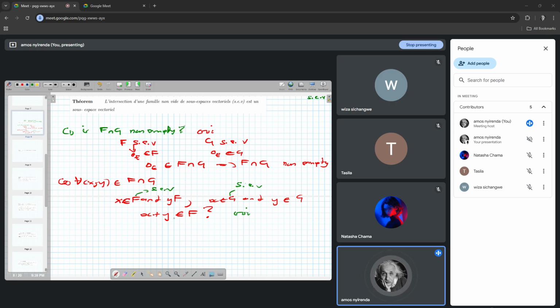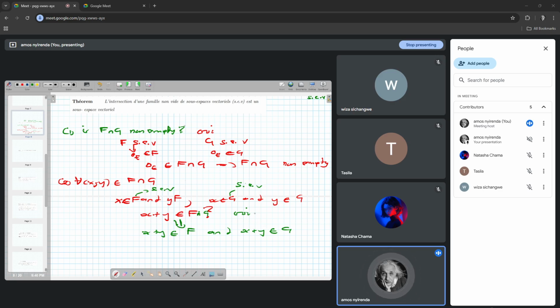If I take the sum x plus y, then automatically x plus y is going to be in F, because x and y are both in F, and F is stable with respect to addition because it is a subspace. And the same thing, x plus y is going to be in G because x is in G and y is in G, and G is a subspace.